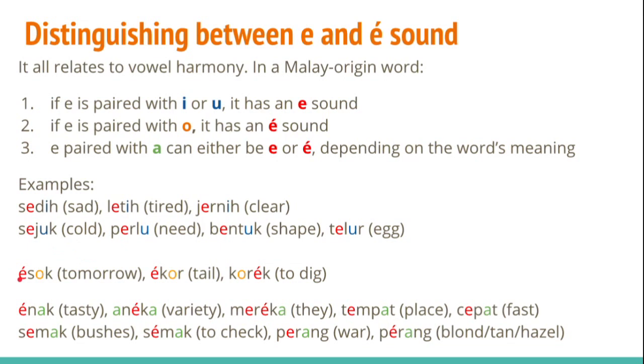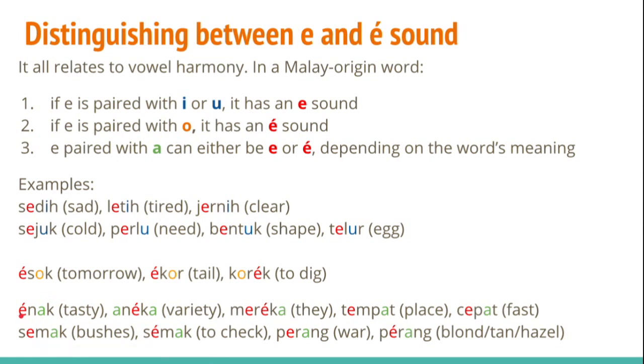This one relates to the second rule. You can see that whenever E is paired with an O, you get the second sound. For example, esok, ekor, and kecok. And this one is for the third rule, where if E is paired with an A, it can be either sound depending on the word's meaning.